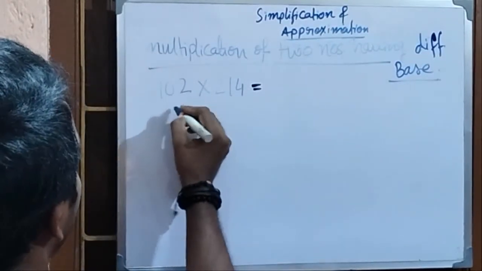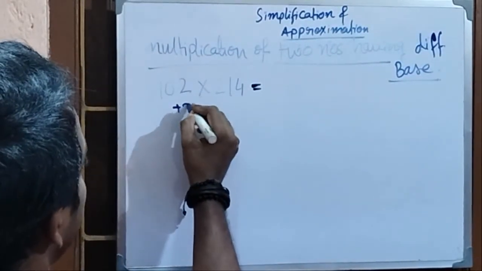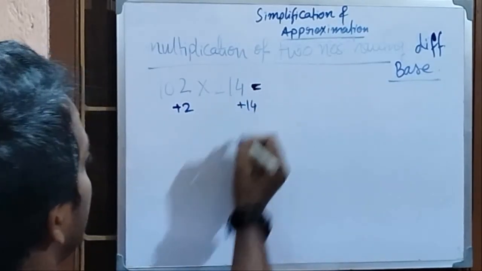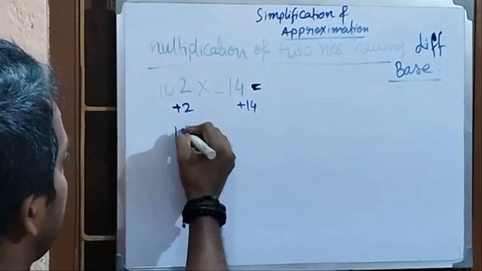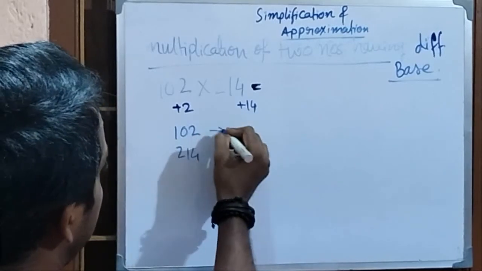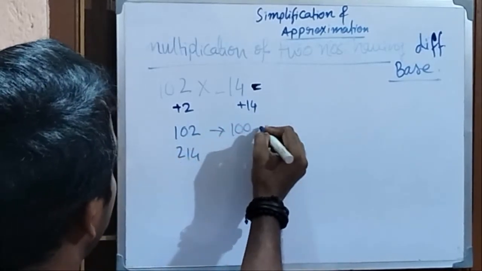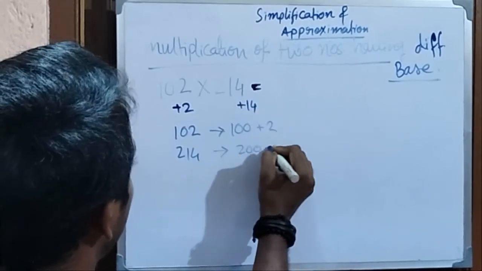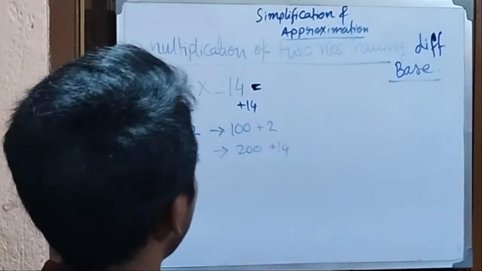So first of all, this number is 2 more than 100, this number is 14 more than 200. Okay, for better understanding I am just writing it one below the other, and here you can check 100 plus 2, and here 200 plus 14.